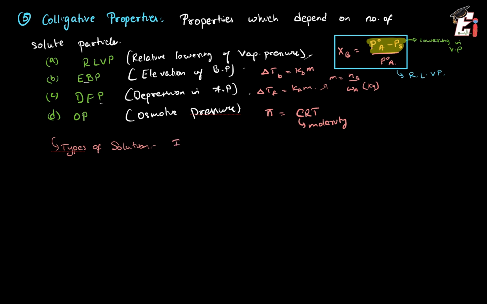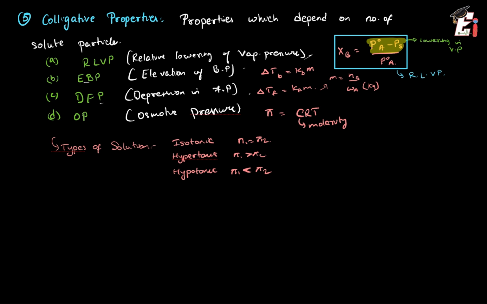So types of solution can be isotonic, hypertonic, hypotonic. Isotonic means the pressure of both fluids is the same on both sides. Here the pressure on one side is greater than the other side, and here pi 1 is less than pi 2.